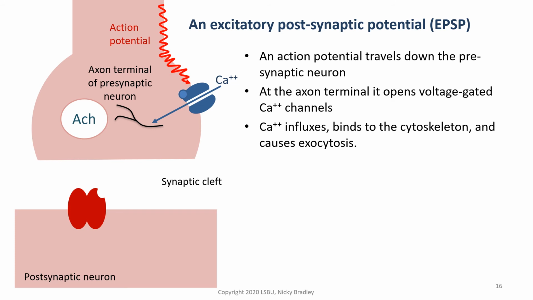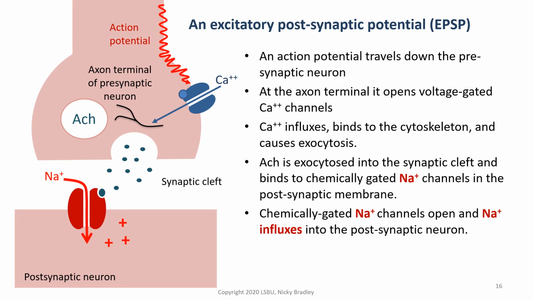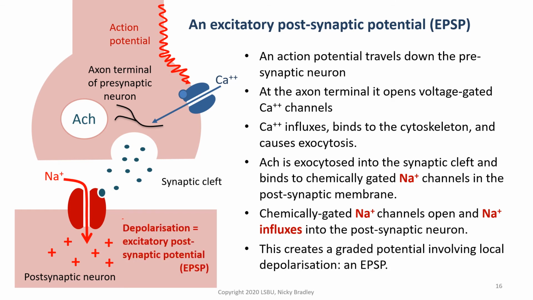This is exocytosis of ACH. ACH is exocytosed into the synaptic cleft, diffuses across the synaptic cleft, and binds to chemically gated sodium channels in the postsynaptic membrane. Chemically gated sodium channels open, sodium influxes, and we get a local area of depolarization, a graded potential known as an excitatory postsynaptic potential.